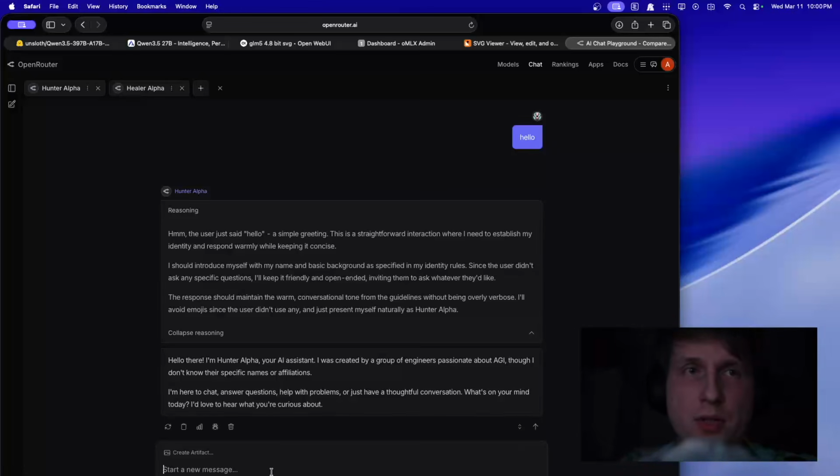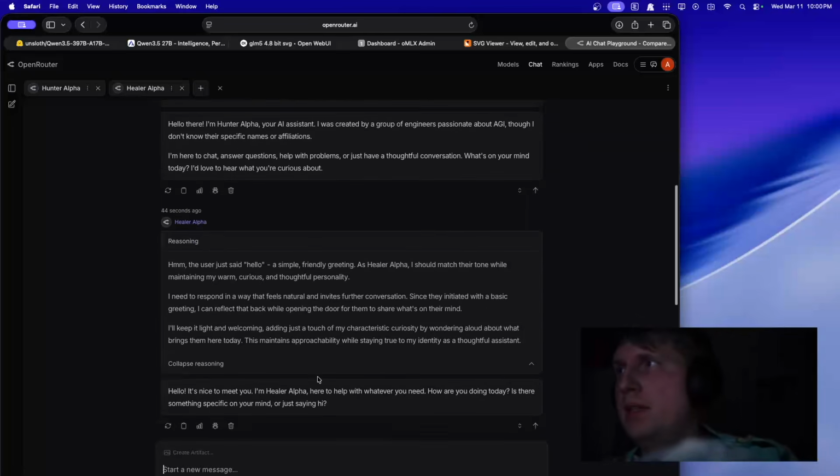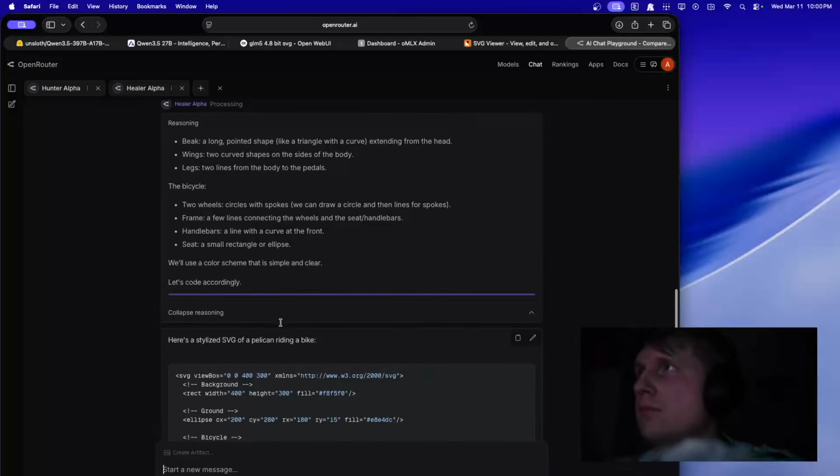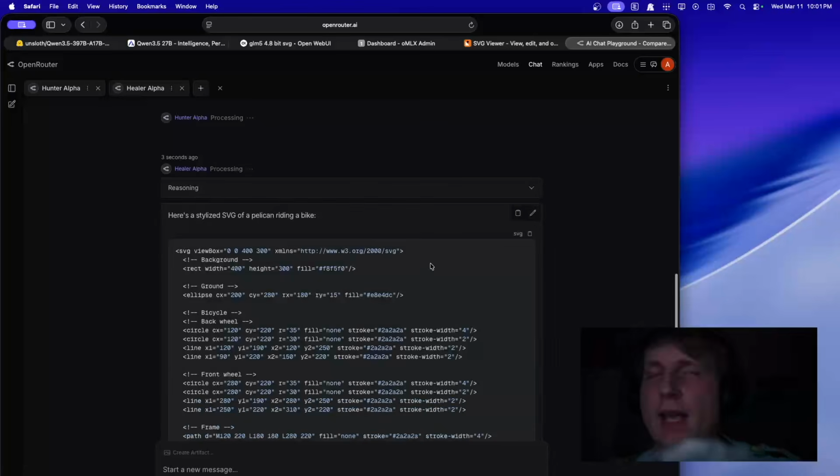So now we're going to quickly test an SVG. Please draw an SVG of a pelican on a bike. This basically tests their creativity and the way they can reason and hold spatial awareness in code.